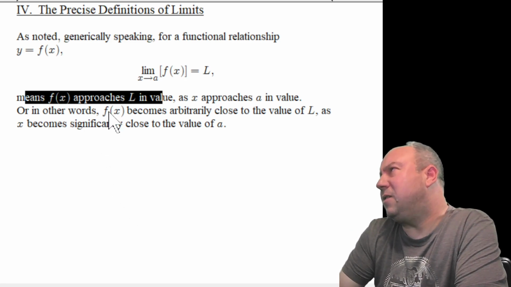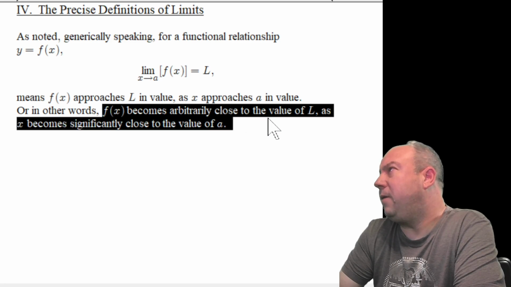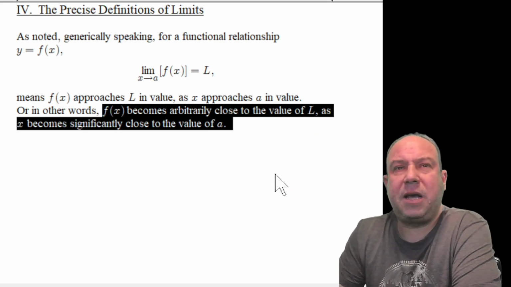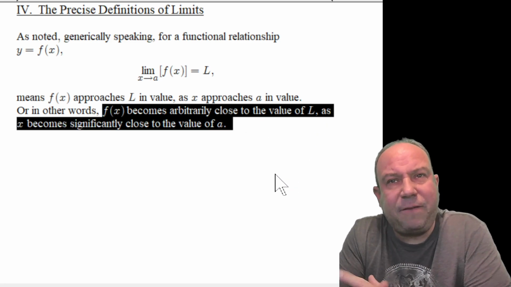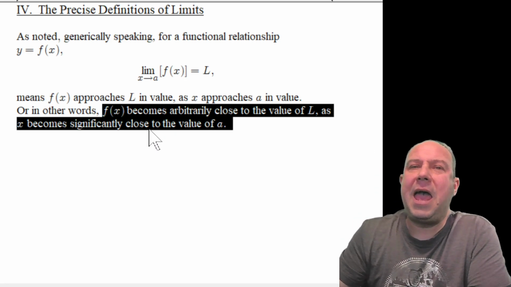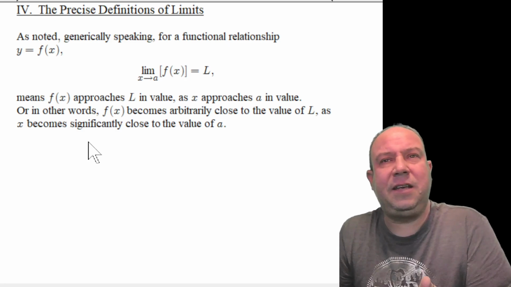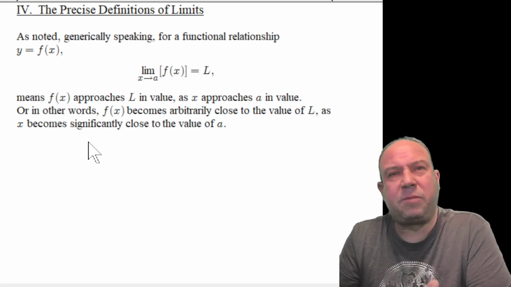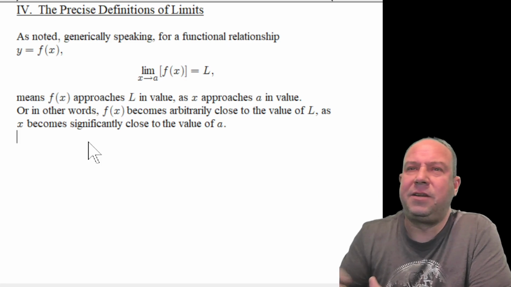Now, we could say this with some other words. How you'll sometimes also hear this said is that f of x becomes arbitrarily close to the value of L as x becomes significantly close to the value of a, or sometimes we'll say sufficiently close to the value of a.